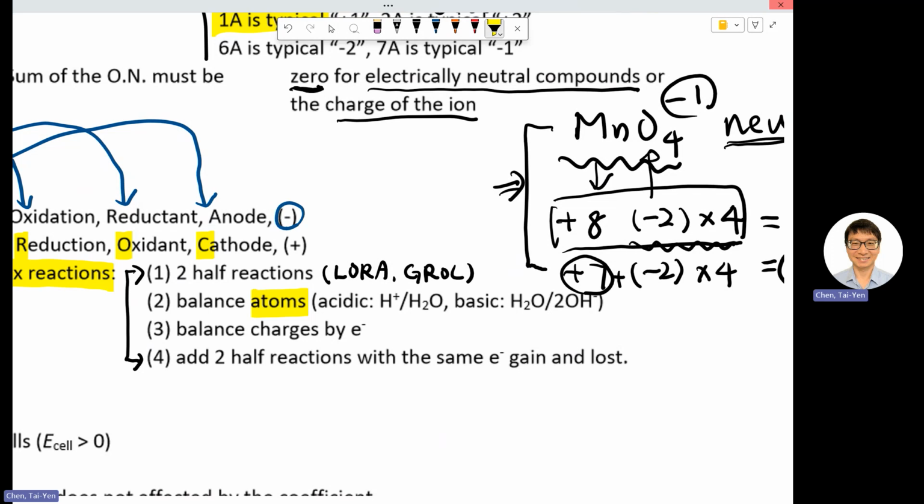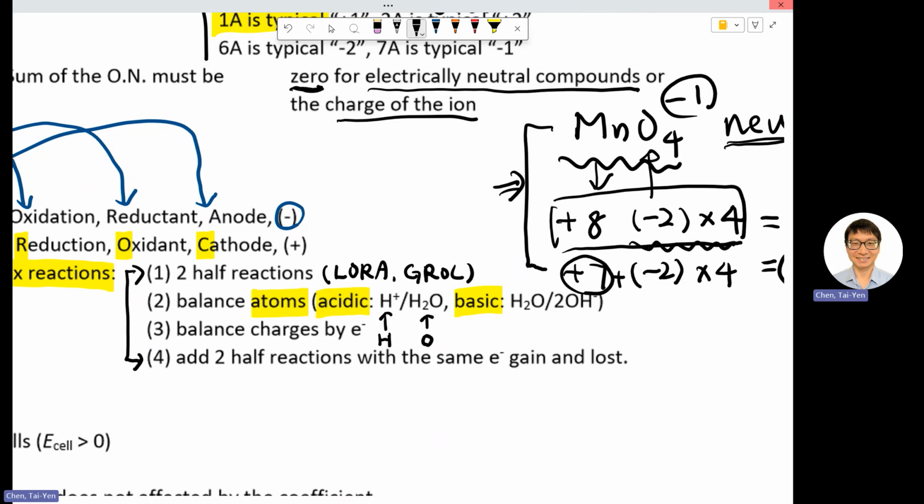When you balance the atoms, the question will specify what kind of condition you have. Since this is a redox reaction, your charged species need to be freely diffused inside your solution. Therefore, your solution is typically either acidic or basic. To balance the atoms in acidic solutions, we use H+ to account for the missing H, and H2O to account for the missing oxygen.